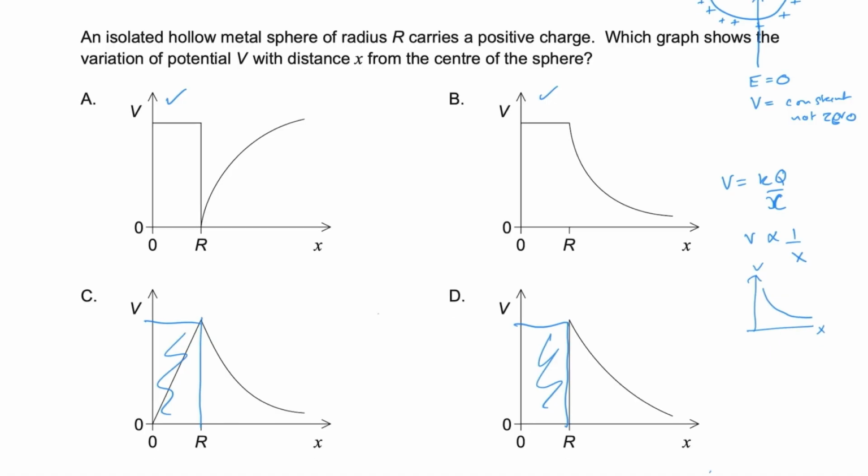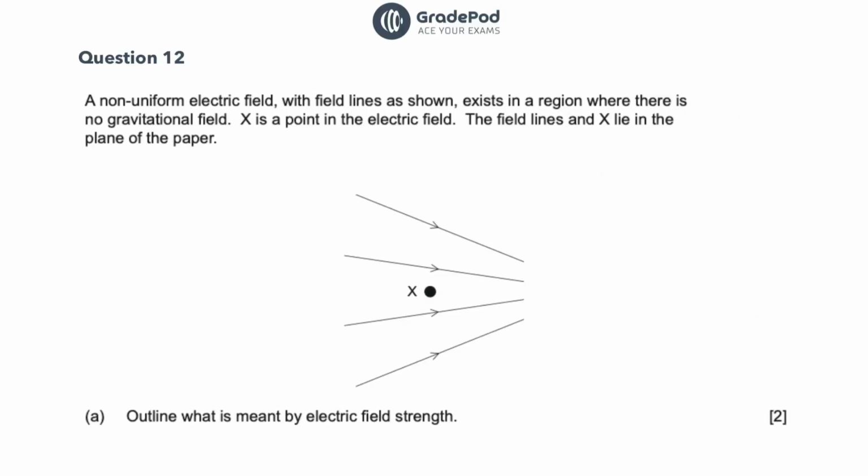And the graph for A or B that most closely resembles that is B. The answer is B. The takeaway here for me is these two concepts: the electric field is 0 inside a hollow metal sphere, but the potential is not 0 and it is a constant value.